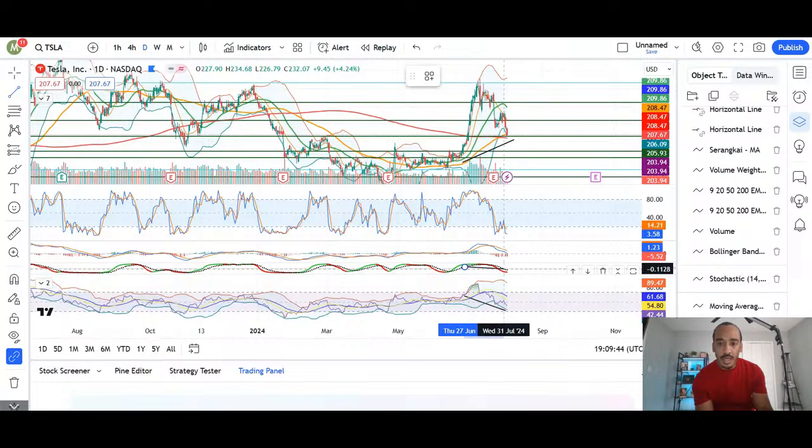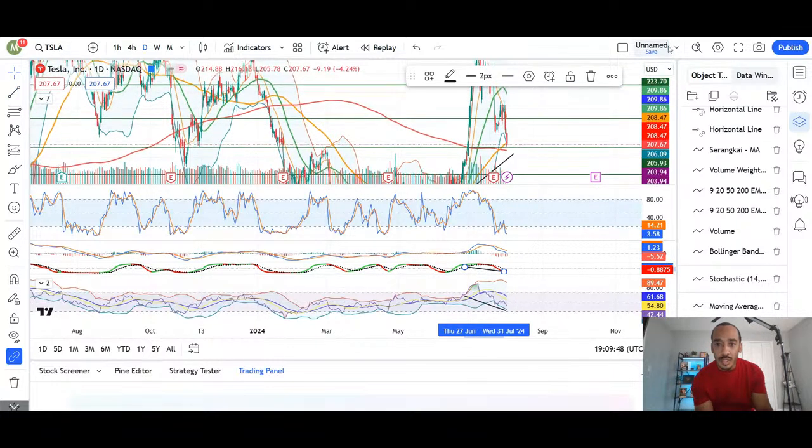So I like Tesla. We also are towards the bottom of a Bollinger Band, right? The bottom of the Bollinger Band is right there, and we're right on top of 2 moving averages, the 200 and maybe the 20. We're right on top of both moving averages, showing a level of support.